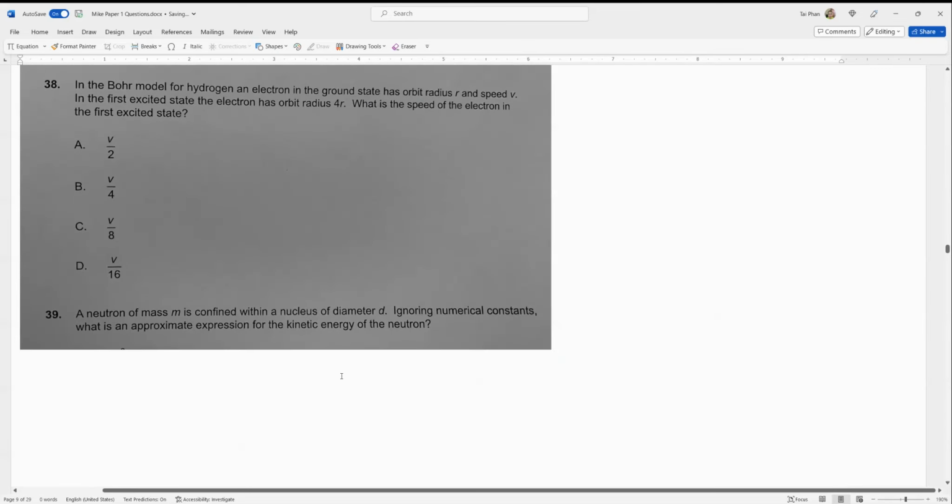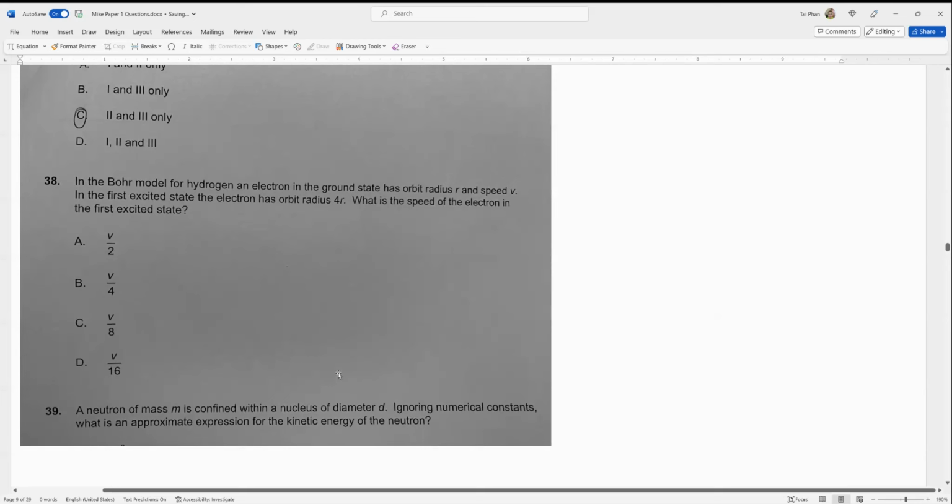The next one, 30A. In the Bohr model of hydrogen, an electron in the ground state has an orbit radius r and a speed v. In the first excited state, the electron has an orbit radius 4r. What is the speed of the electron in the first excited state?